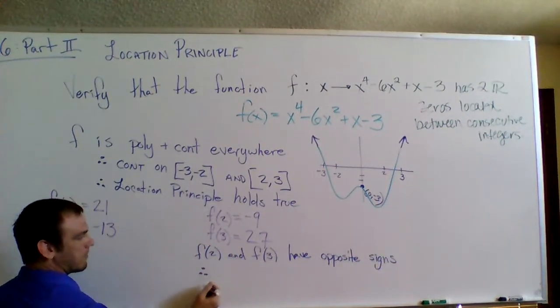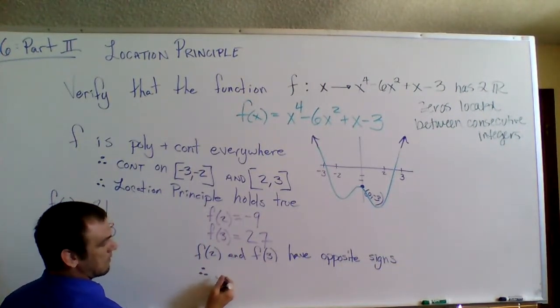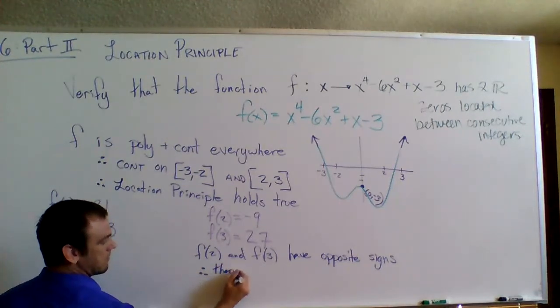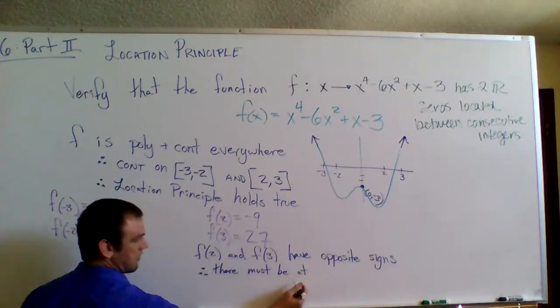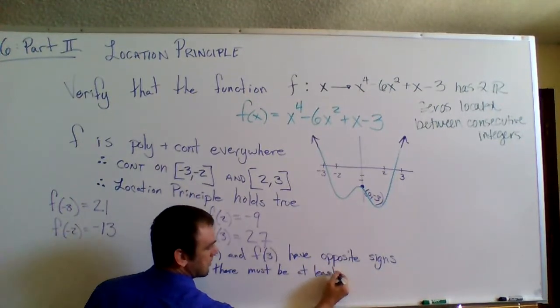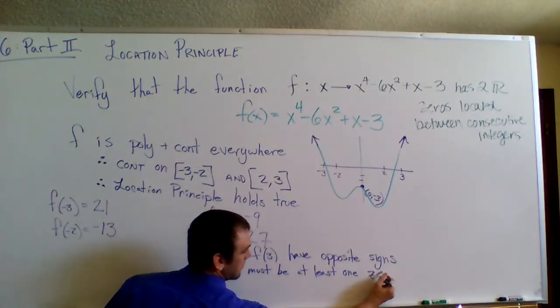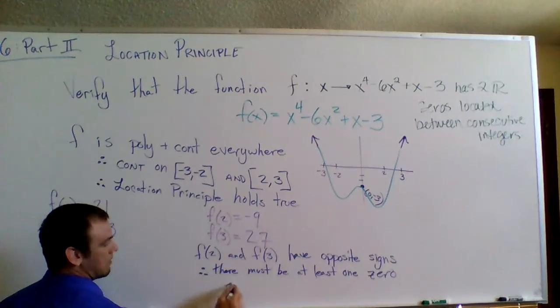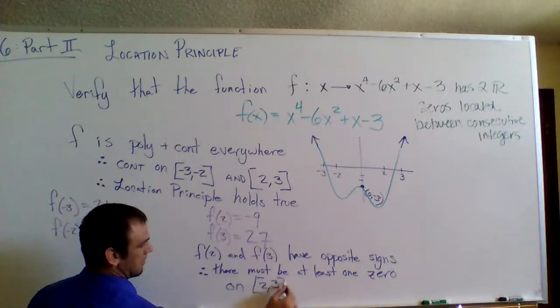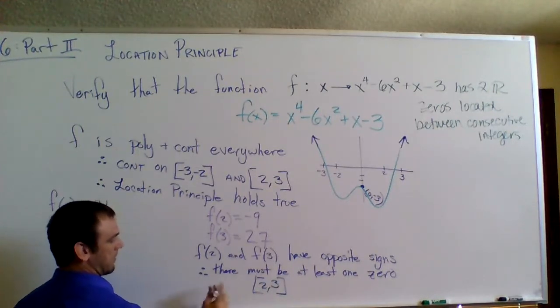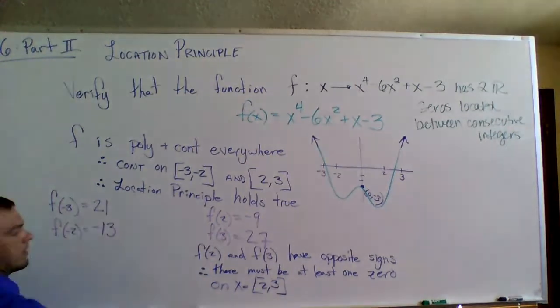Therefore, there must be at least one zero on the interval 2 to 3. You can say on x equals 2 to 3, whatever.